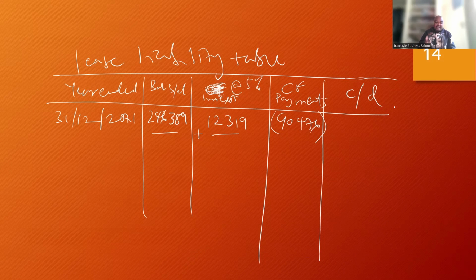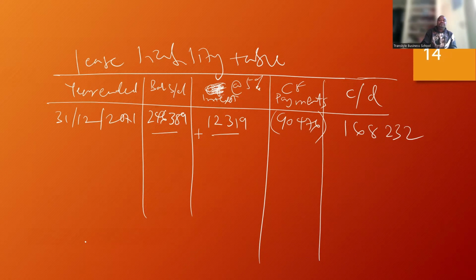We arrive at 168,232. That's in year one. Now, the question that then comes is, how are you going to account for these figures? What do they mean?